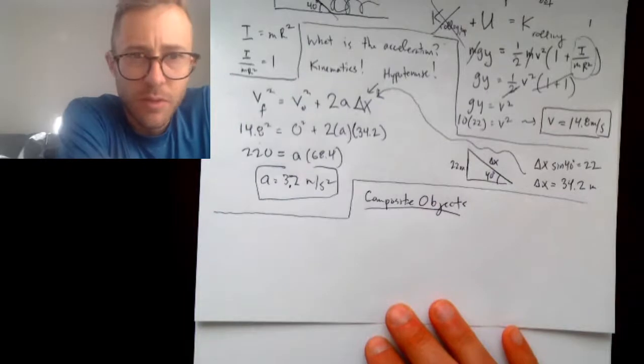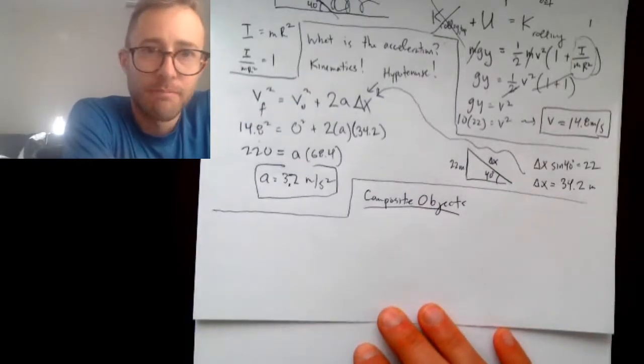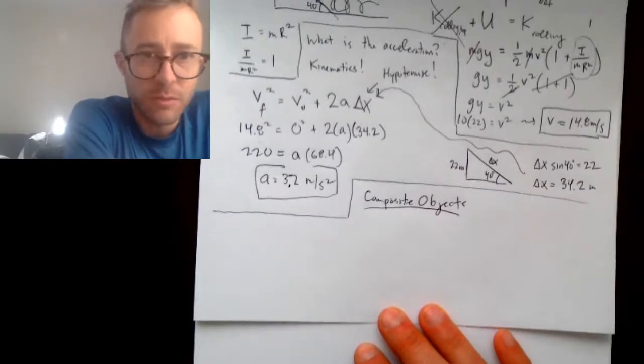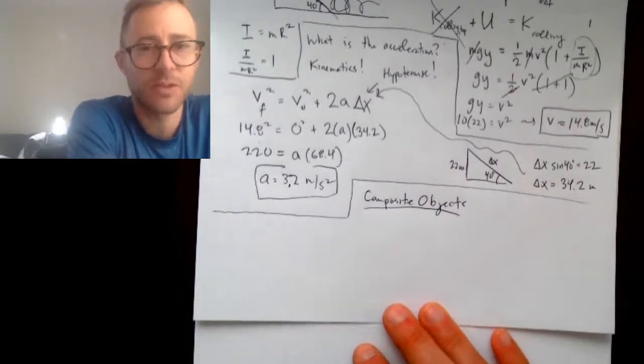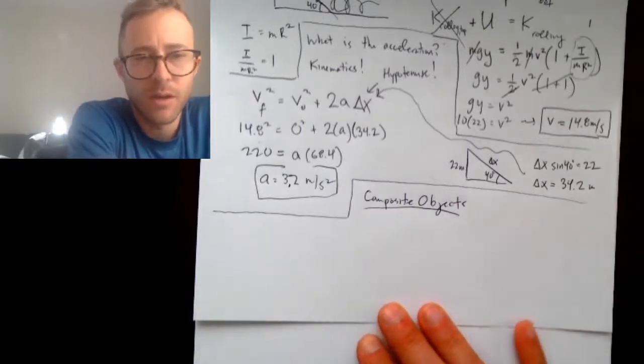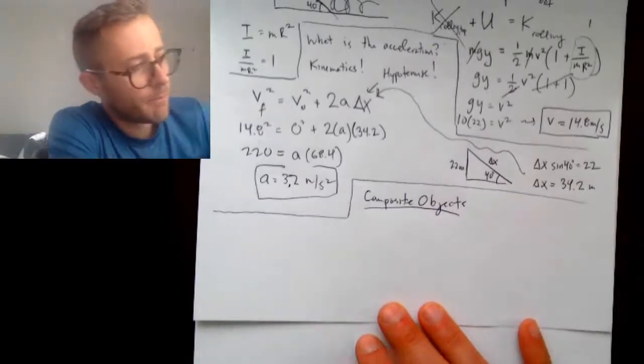So not every object is like a sphere or a disc or a hoop or whatever. Okay, so sometimes you have objects that are more complicated.